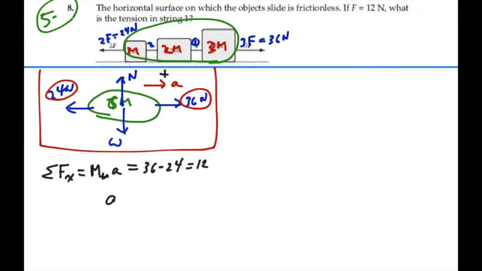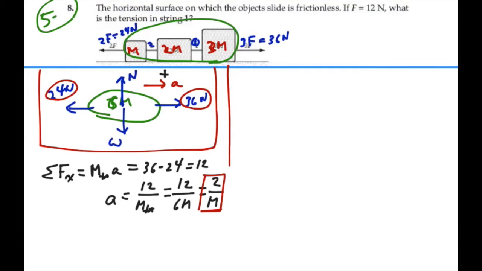So the acceleration is going to equal 12 divided by the total mass, which is 12 over 6m as it's been defined. So this would be 2 divided by m. We don't know anything more than that, and that's the best we can do with this blob.